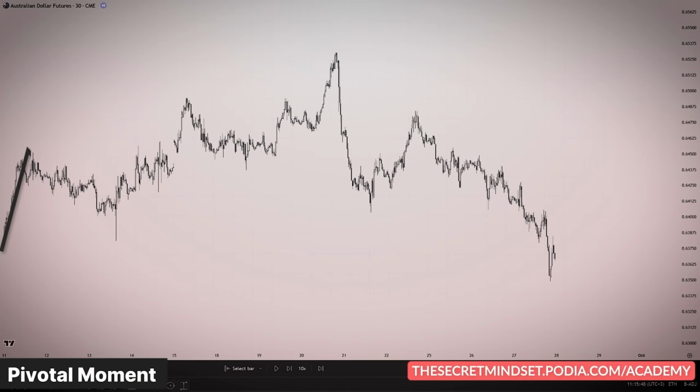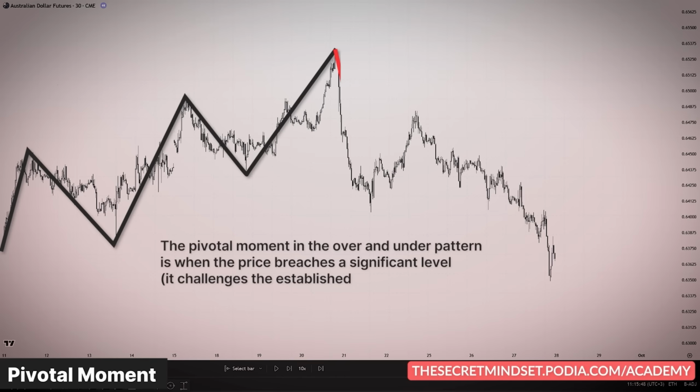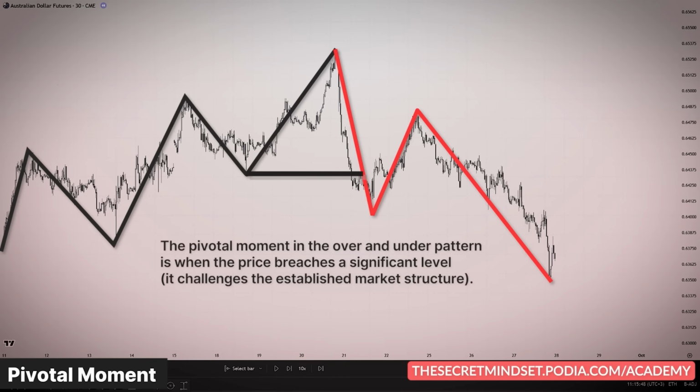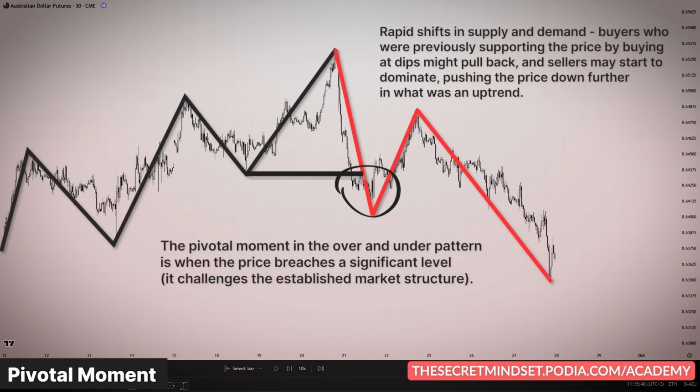The pivotal moment in the over and under pattern is when the price breaches a significant level. This action is a powerful signal because it challenges the established market structure. It's not just a simple breach, it's a signal that the previous consensus is no longer valid. This can lead to rapid shifts in supply and demand.